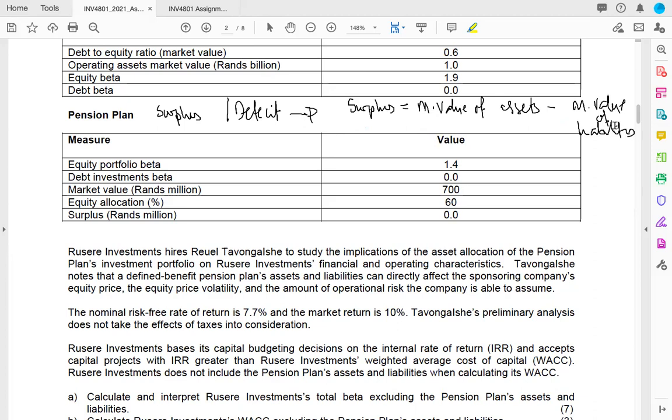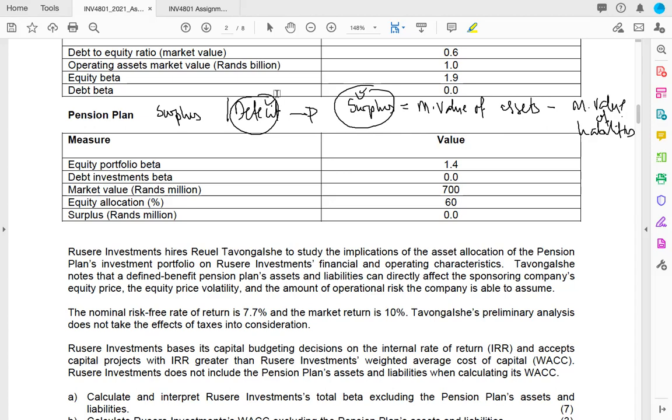This is how we can calculate a surplus, right? If the answer we get here is positive, we call it a surplus, right? And if the answer we get here is negative, we call it a deficit, okay? If the difference between the market value of the assets minus the market value of the liabilities is positive, we say we have a surplus.